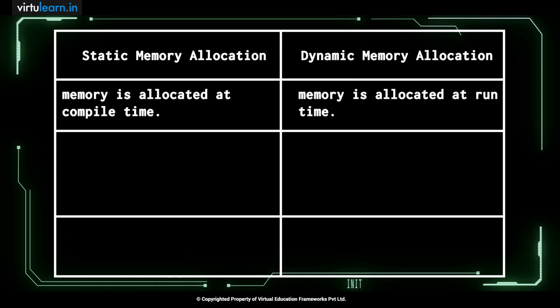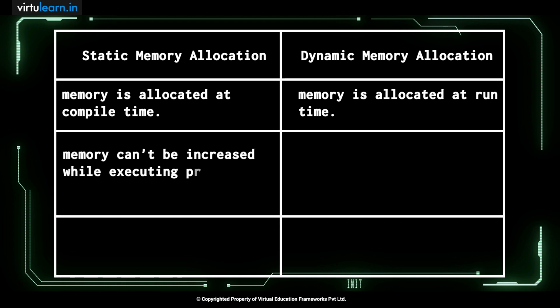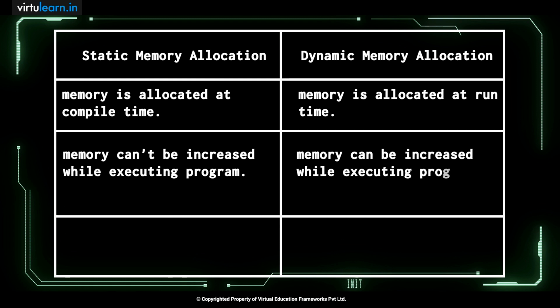In static memory allocation, memory cannot be increased while executing the program, whereas in dynamic memory allocation, memory can be increased while executing the program. Static memory allocation is used in arrays. Dynamic memory allocation is used in linked lists, which you can see as part of data structures. So these are the differences between static memory and dynamic memory allocation.